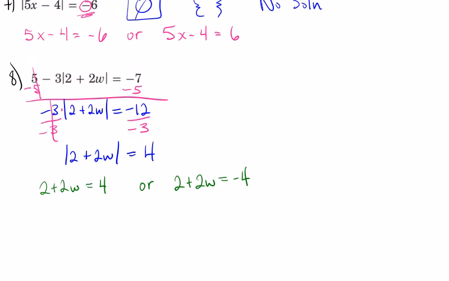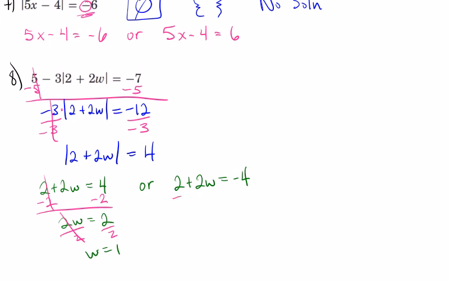I'm going to get this w by itself, so I'm going to subtract 2 from both sides first. So I get 2w equals 2, and I divide by 2 on both sides, and so I get w equals 1 here. That's one solution.